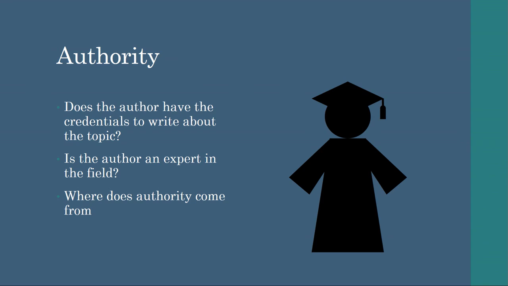Authority can come from many places. The most obvious, and the one you will use most for college work, is academic credentials. Expertise derived from the academic work done to receive an advanced degree such as a master's or a PhD. Another common source of expertise is work experience.